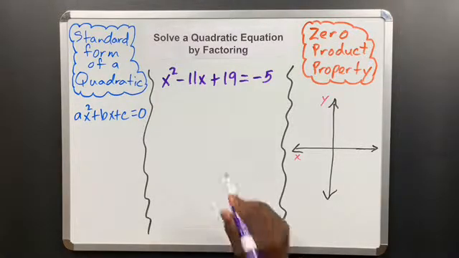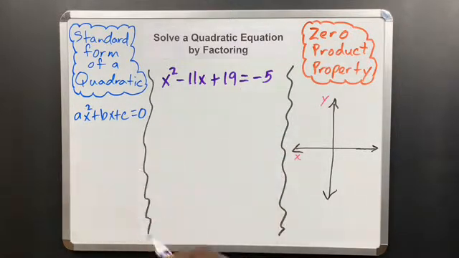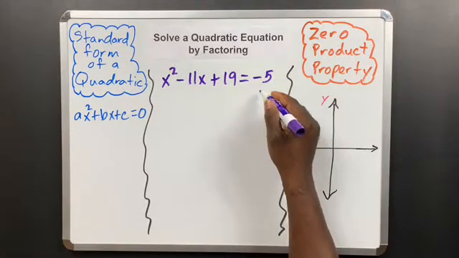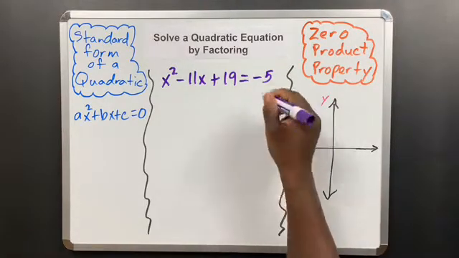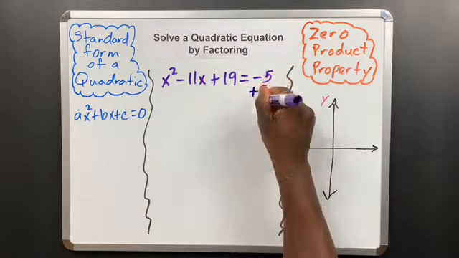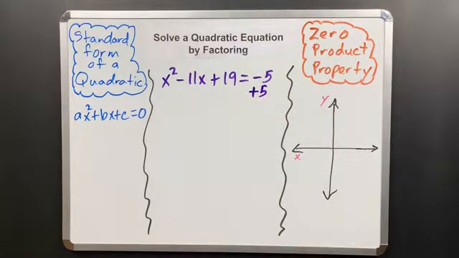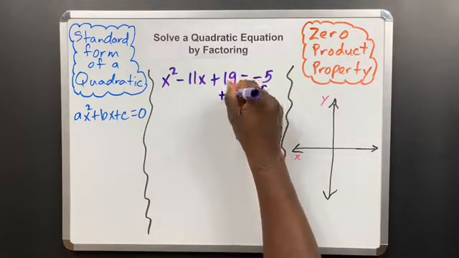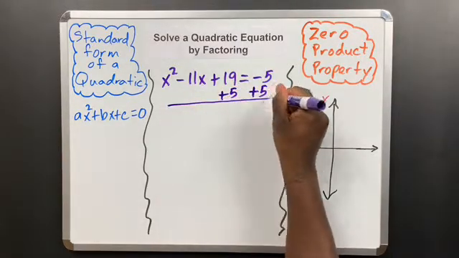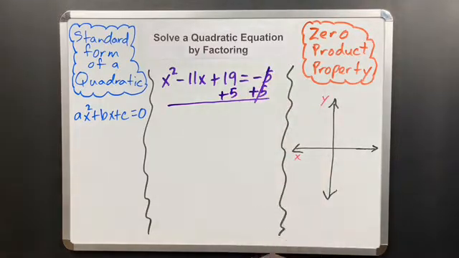The way we can convert this equation to standard form is we're going to create a 0 on the right side. So the opposite of minus 5 is to add 5. Now we're balancing the equation, and whatever you do to one side of the equation, you do to the other. So we're going to add 5 to both sides. Draw that line. Of course, when you add down, that crosses out.